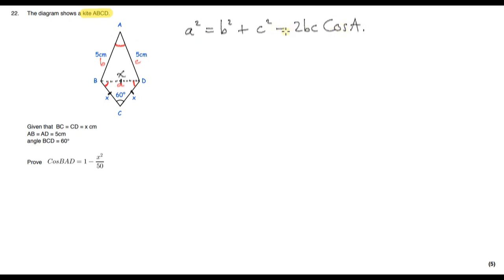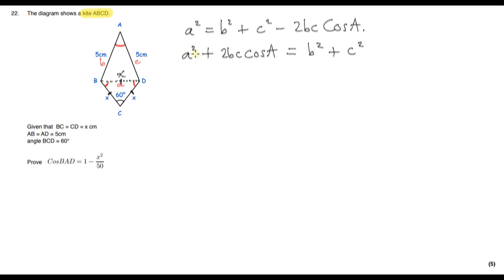The first thing I'm going to do is add the minus 2bc cos A to the other side, just so we're dealing with positives. So we've got a squared plus 2bc cos A equals b squared plus c squared.